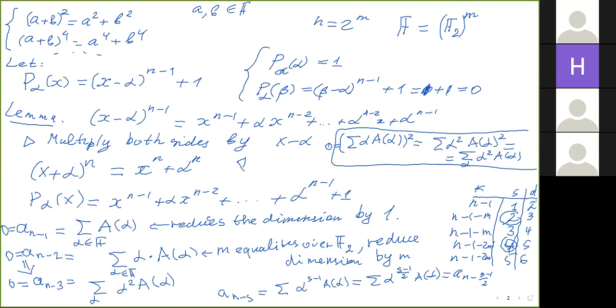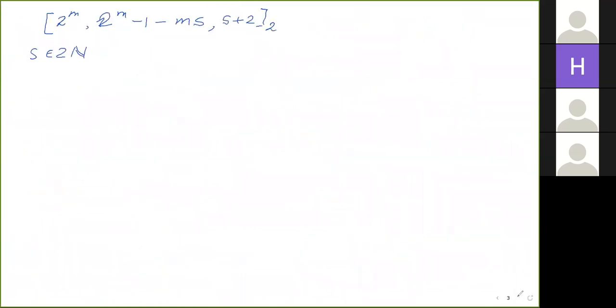The only one code from the family is missing here, where s is 1, but it's not an interesting code. I think it is not even called a BCH code. So we assume here that s is at least 2, s is even, and we obtain the following parameters.